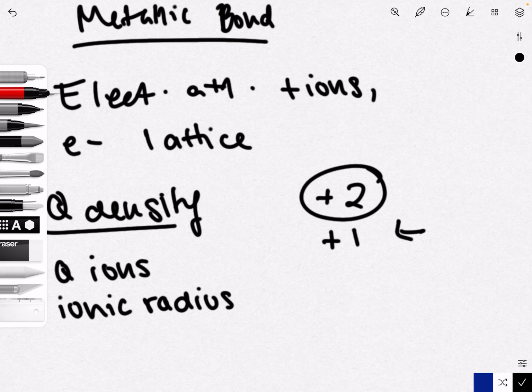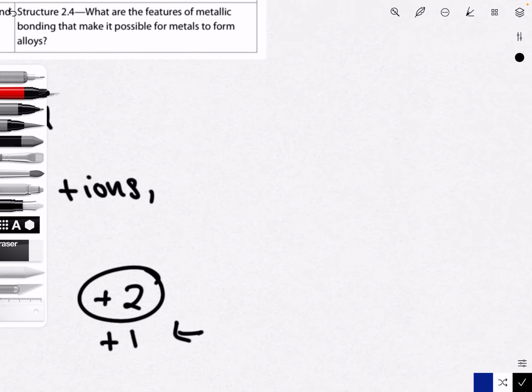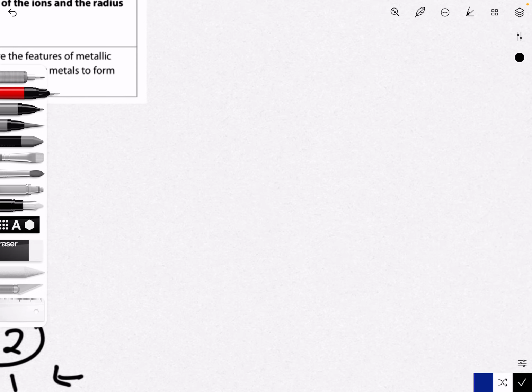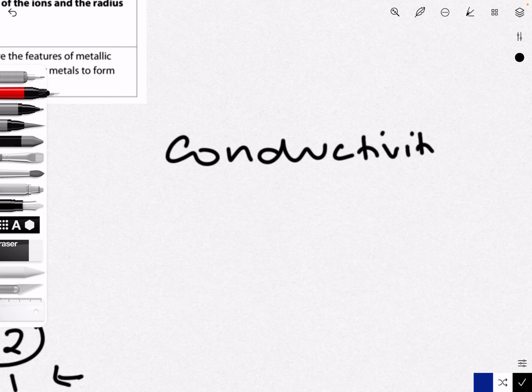Now let's look at the properties of metallic bonds, starting off with conductivity. So, conductivity is a material's ability to transfer heat or energy across it from one point to another.